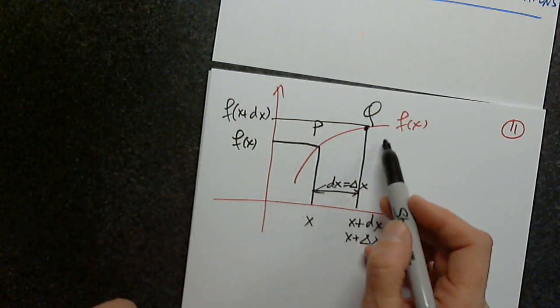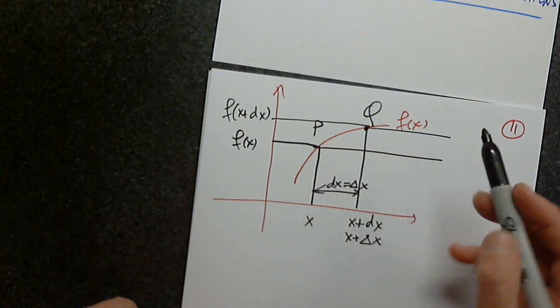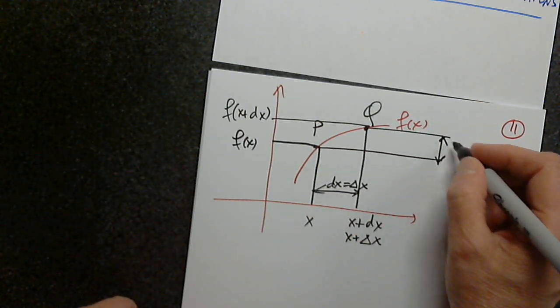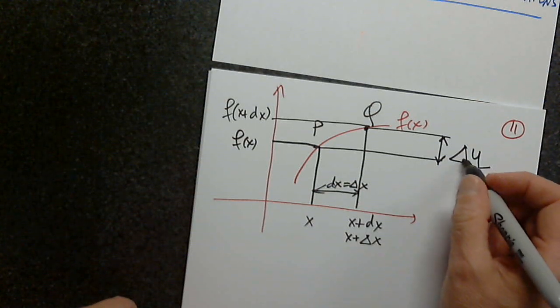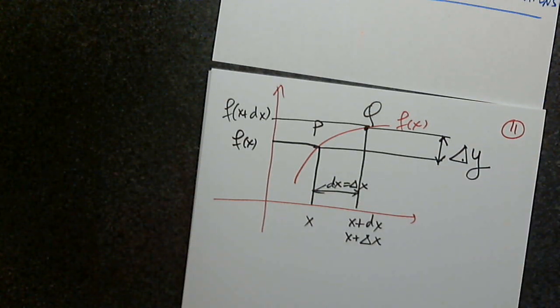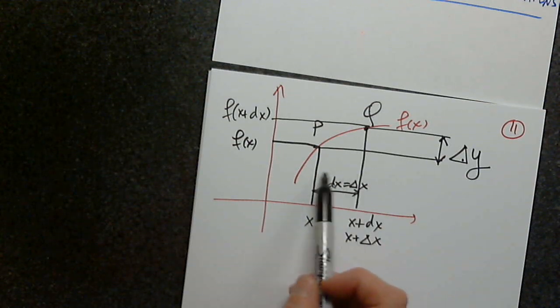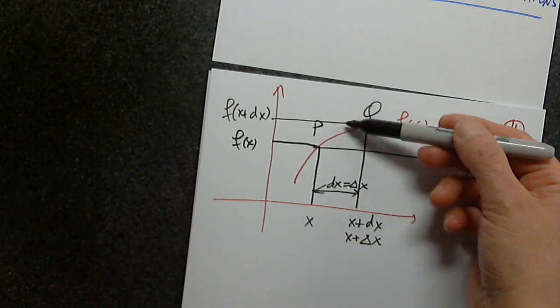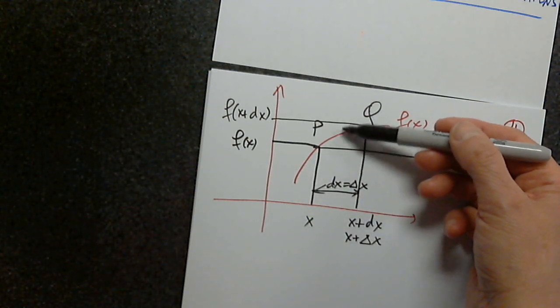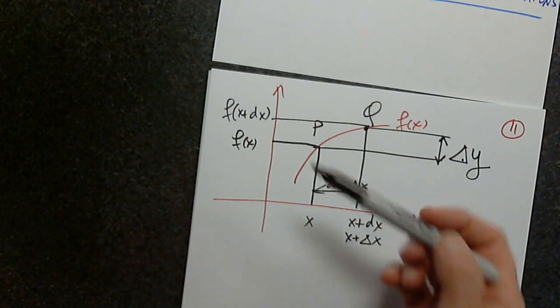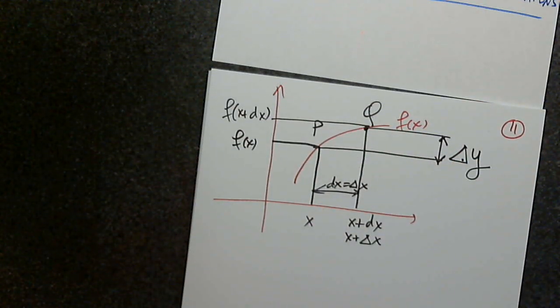We found that this is the exact difference called delta y, uppercase delta, the exact change. If I have a minor error in x, this is the error in the y values. And this is f of x plus dx minus f of x. Agreed so far?